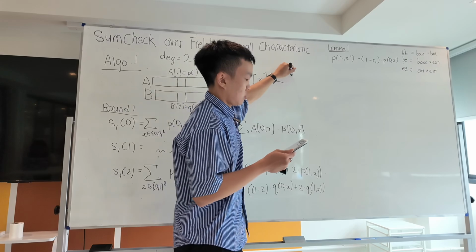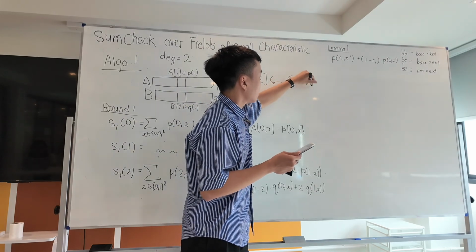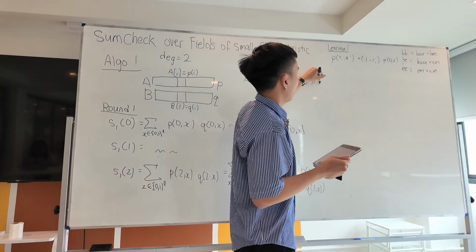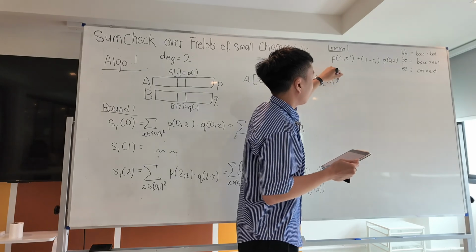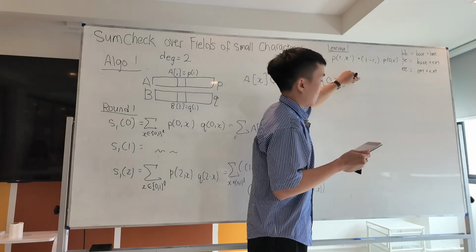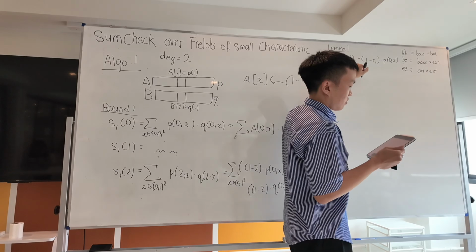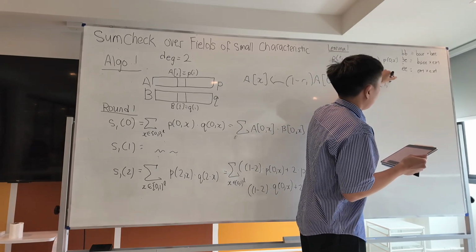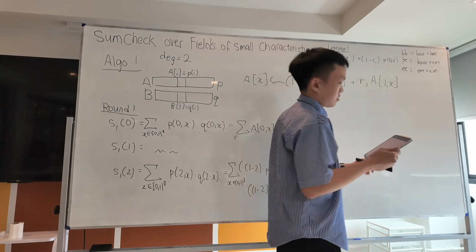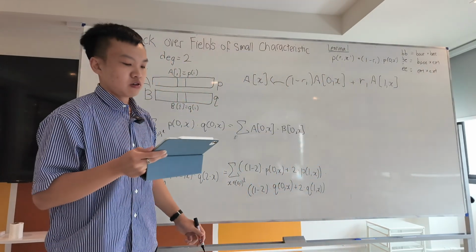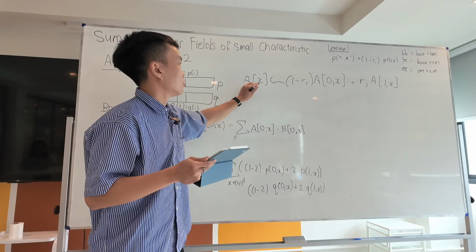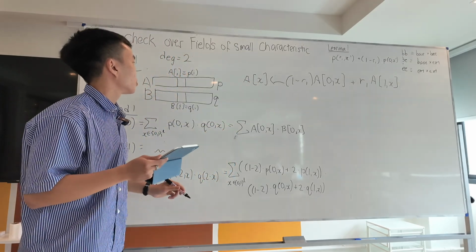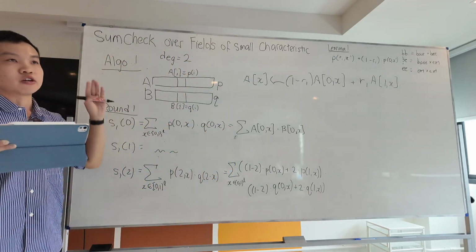You're selecting the challenge point R1, using the previous value A0 of X, and then adding R1 times A1 of X. You're updating it into A of X. So you do this again for the entire array.